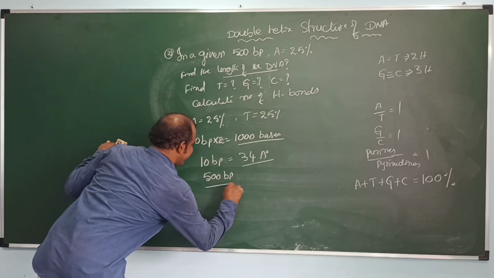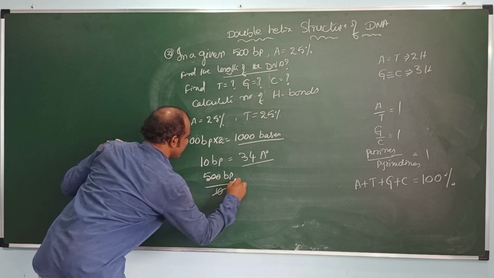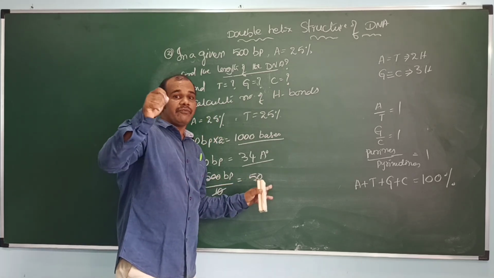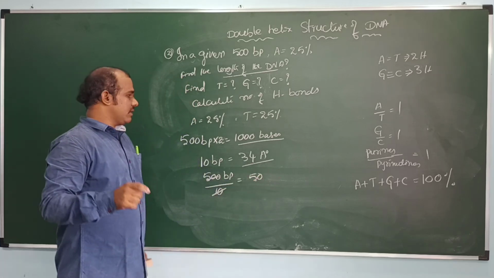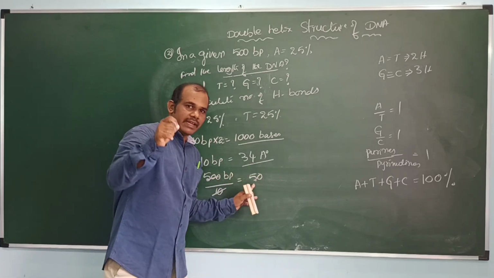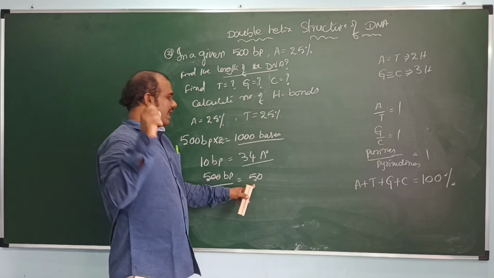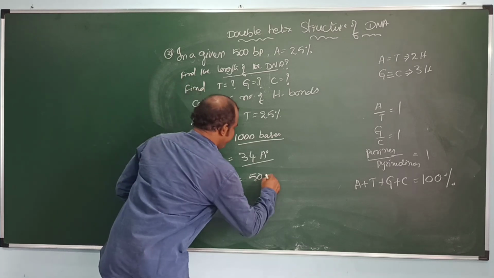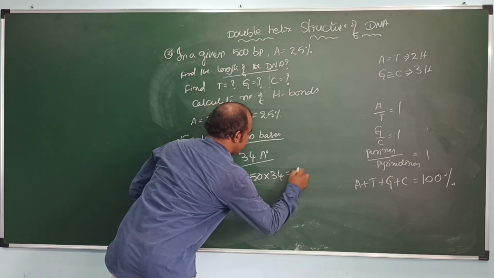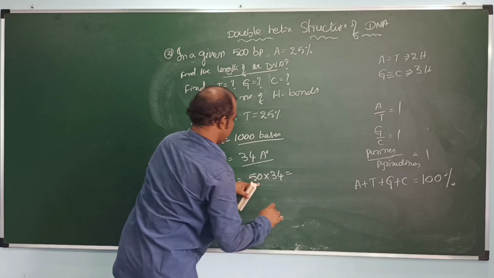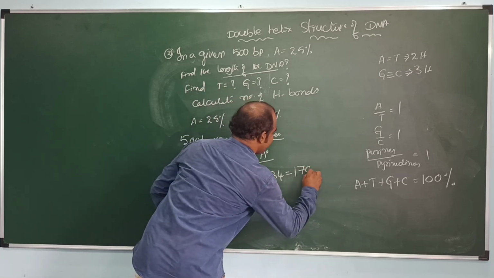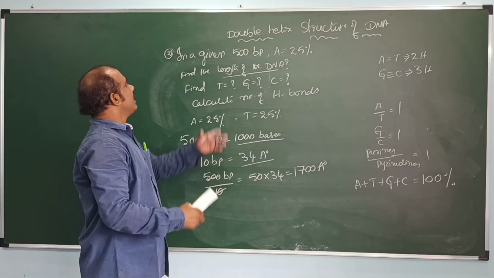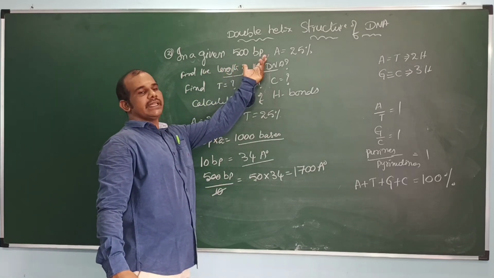So divided by 10, that is equal to 50. So there are 50 full turns present. The length of a full turn is 34 angstrom units. Obviously 50 into 34 is equal to 1700 angstrom units. The length of the 500 base pair DNA is 1700 angstrom units.